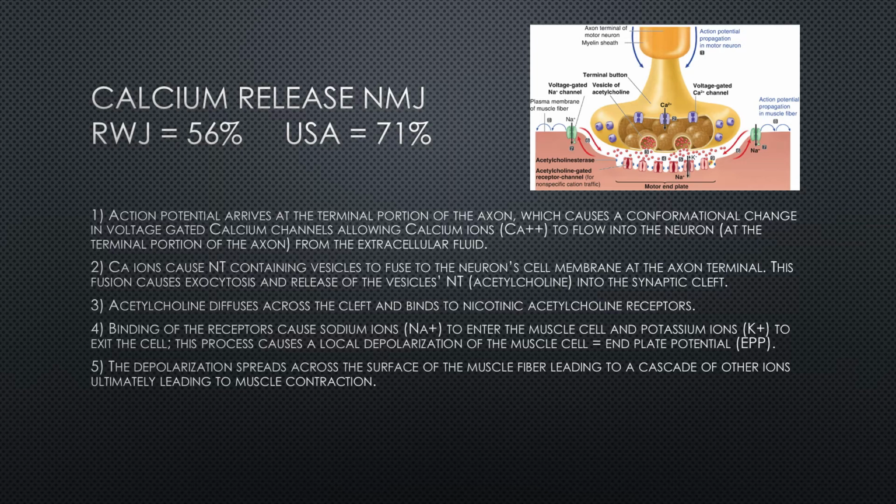This neurotransmitter is acetylcholine, which diffuses across the cleft and binds to nicotinic acetylcholine receptors. This causes sodium ions to enter the muscle cell in exchange for potassium ions, which exit the cell. This process causes depolarization of the muscle cell, which spreads across the surface of the muscle, and this ultimately leads to a localized muscle contraction and ultimately a larger muscle contraction.